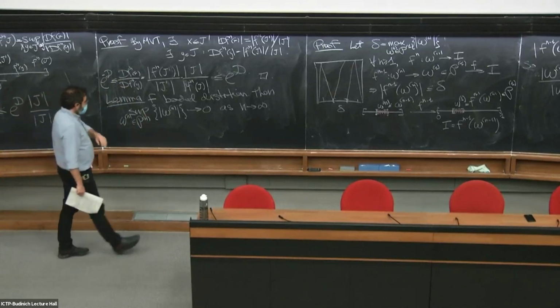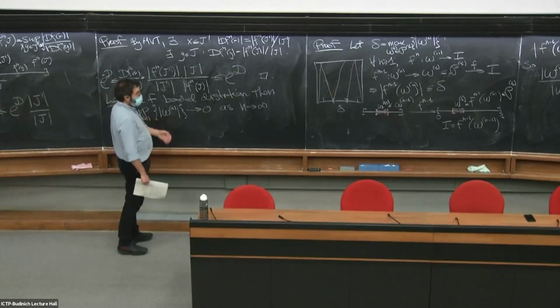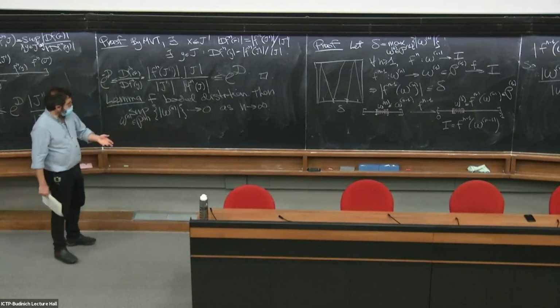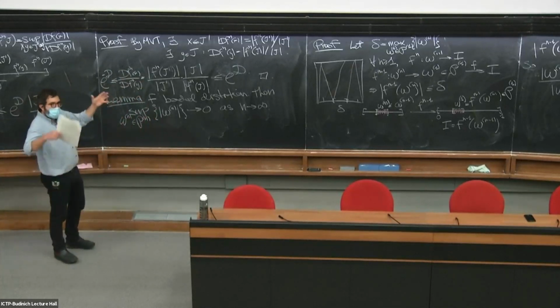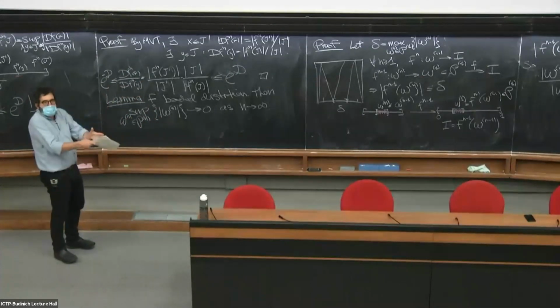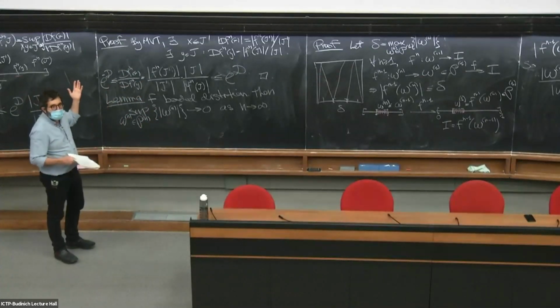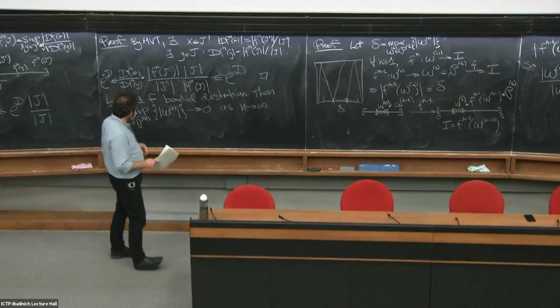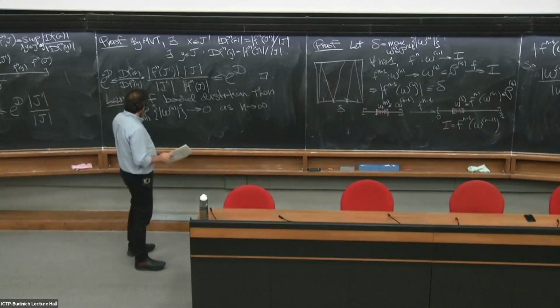So that each omega n is less than or equal to tau times omega n minus 1, right? So that you're shrinking exponentially, just like you do in the uniformly expanding case, even though this is not necessarily uniformly expanding.